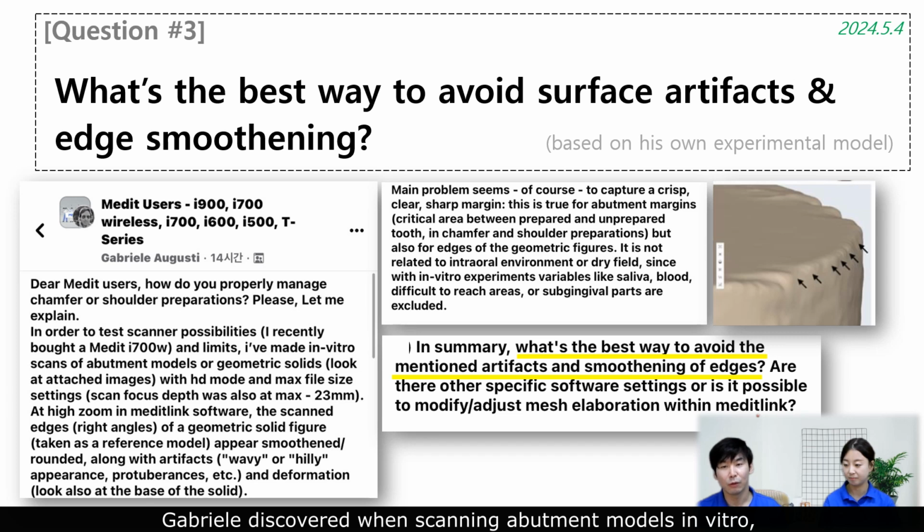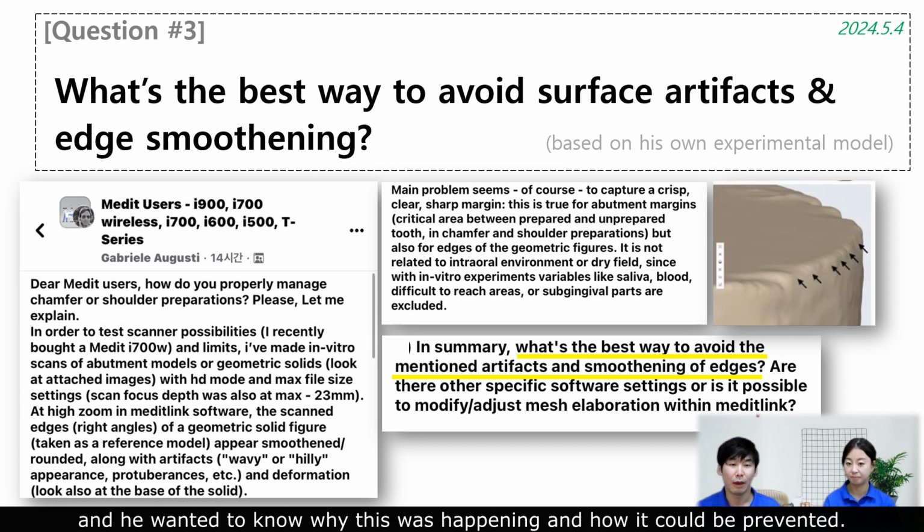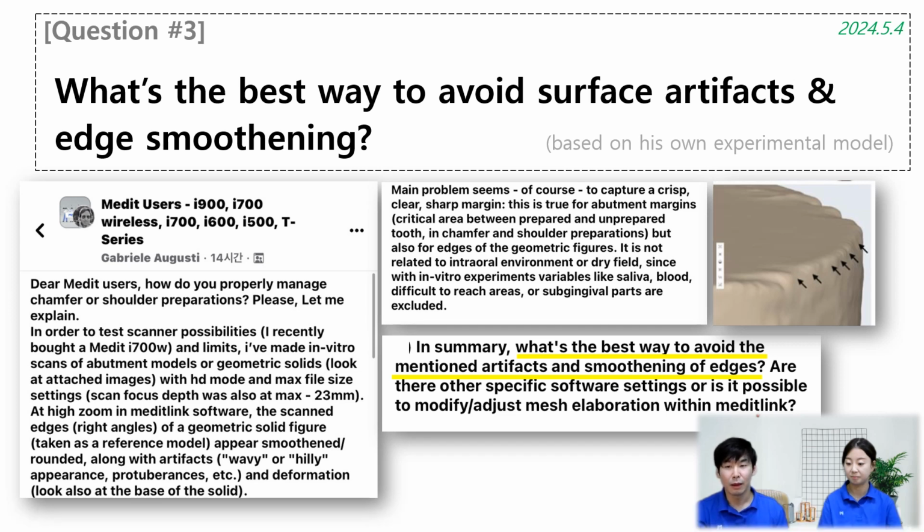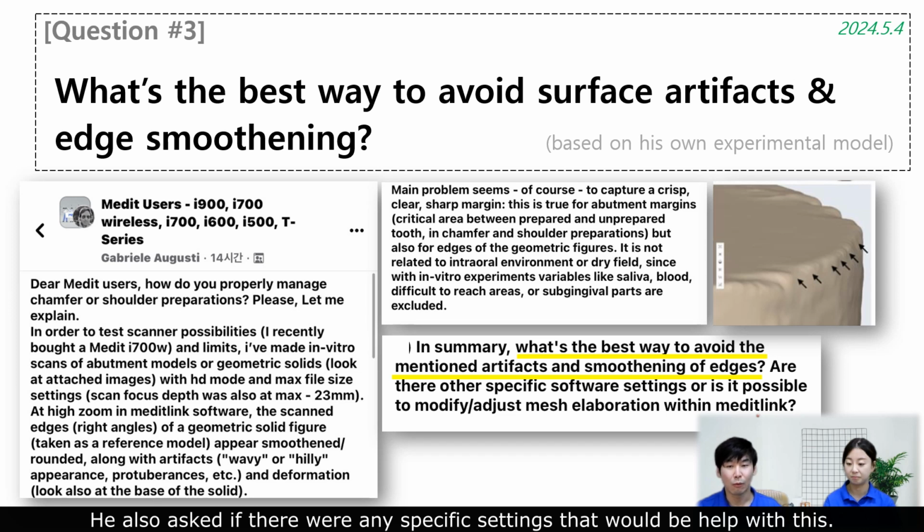Gabriel discovered when scanning abutment models in vitro, margins didn't appear in their original form in the final scan data. He noticed that the margin was being transformed into a round shape, and he wanted to know why this was happening and how it could be prevented. He also asked if there were any specific settings that would help with this.